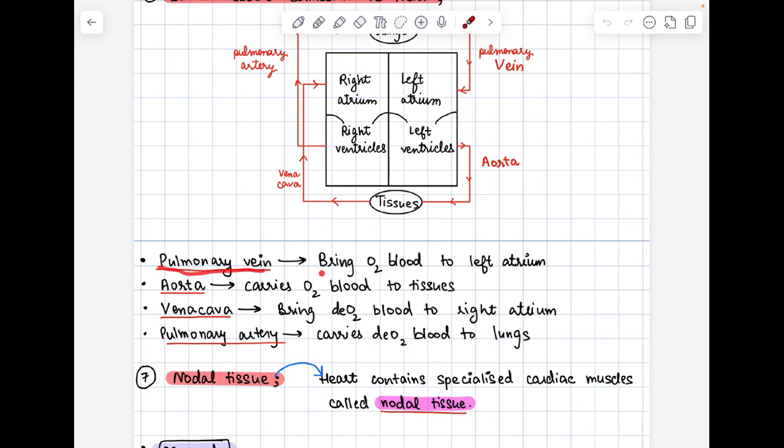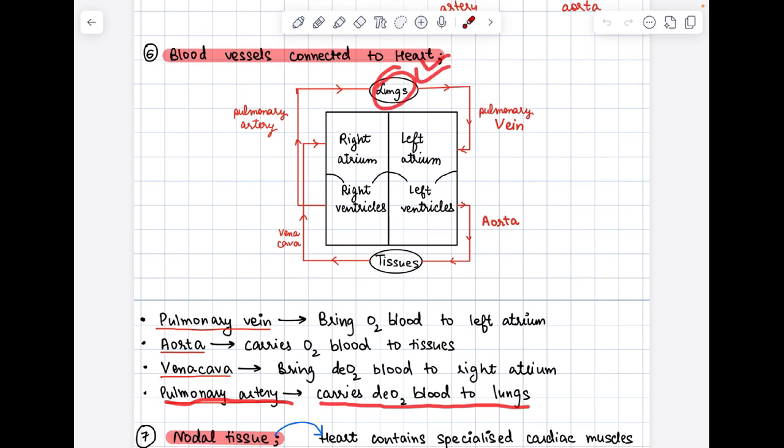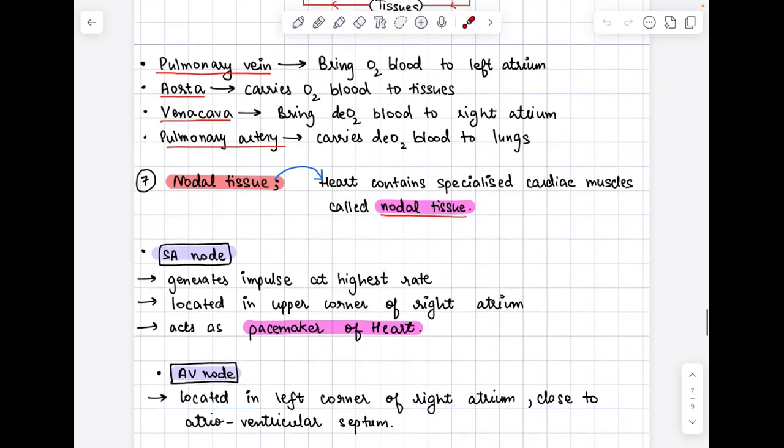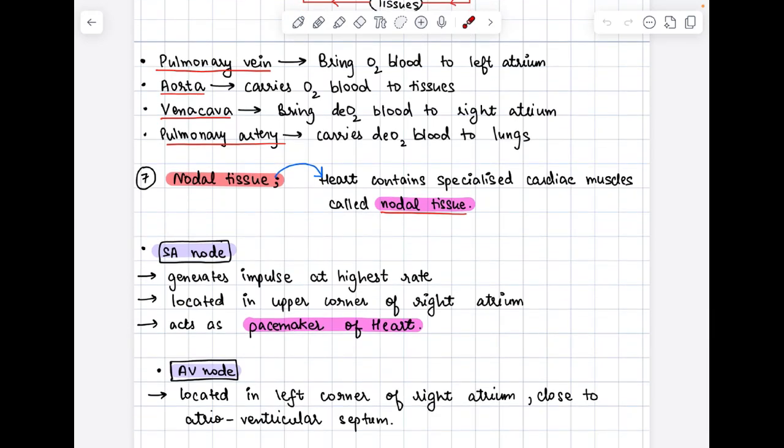Pulmonary vein, it brings oxygenated blood to the left atrium. Aorta carries oxygenated blood to tissues, and vena cava brings deoxygenated blood to the right atrium, and pulmonary artery carries deoxygenated blood to lungs. So next we have nodal tissue.